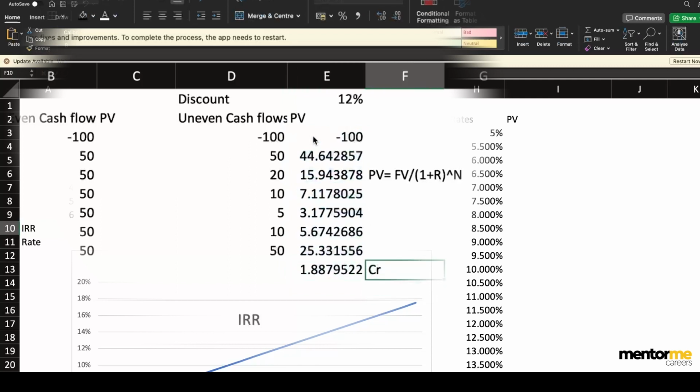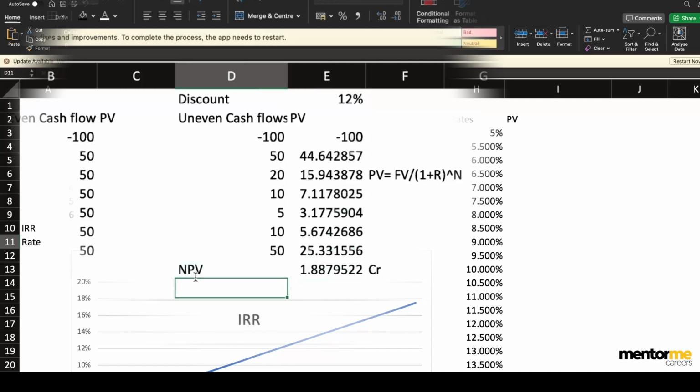So what the IRR concept is trying to do is, what if there is a certain discount rate, in this case 12%, or any other rate, at which the net of the present value minus the initial investment becomes zero.